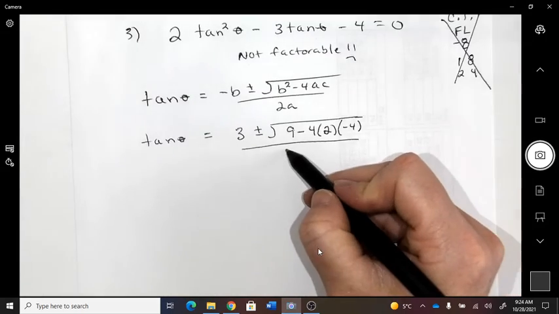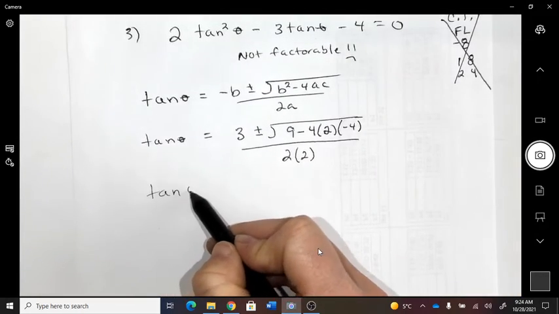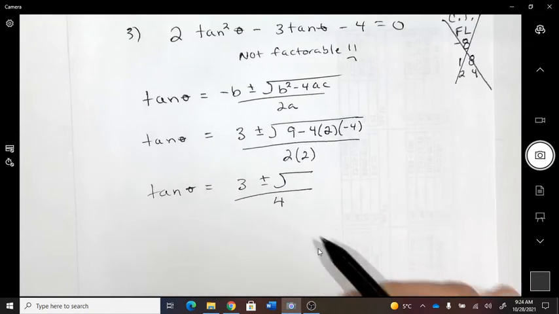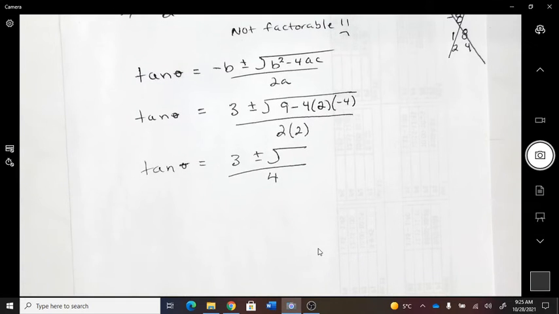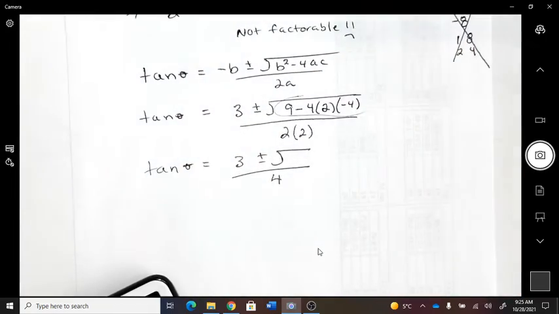All over 2 times a 2. Okay, so I'm obviously going to jump to my calculator because I would like what we've been calling the discriminant here.